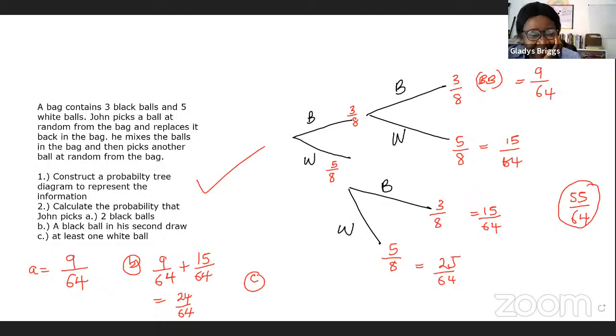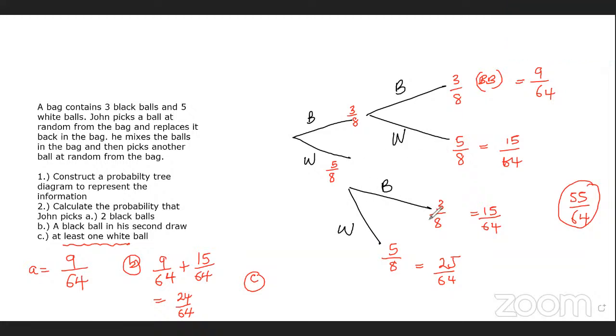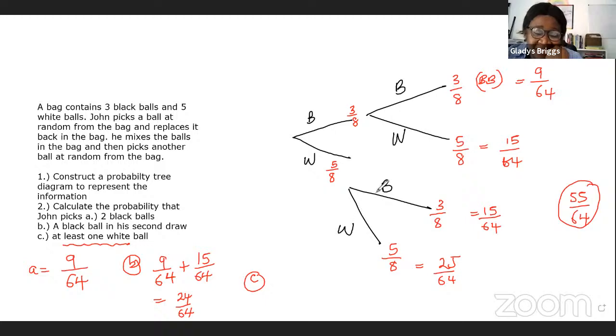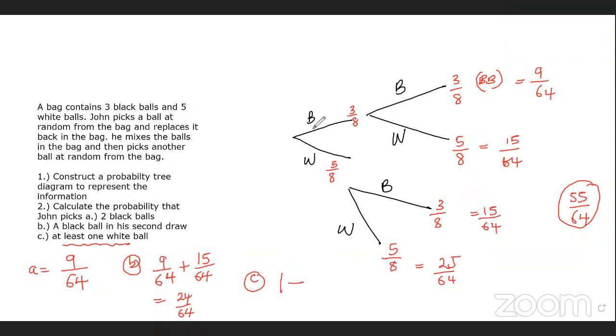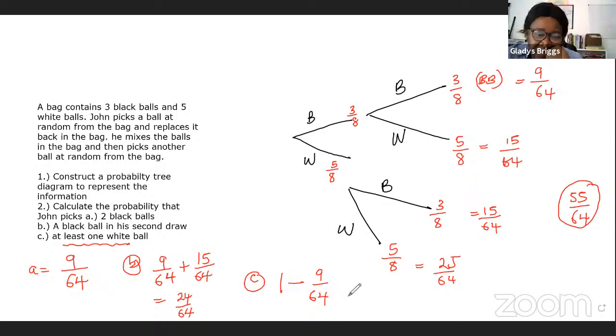Well done. So that's one way of doing it. Because it says at least one white, any of them that has whites, you pick them. But another way of doing it is, because you know that the total probability is equal to 1, you can do 1 minus the one that does not have it, 9/64.